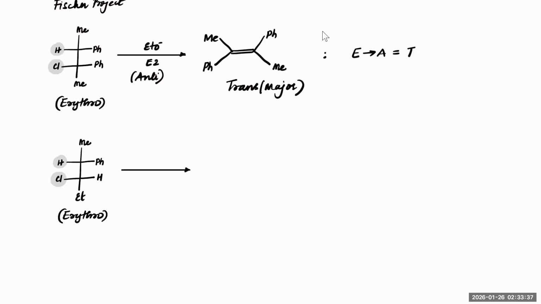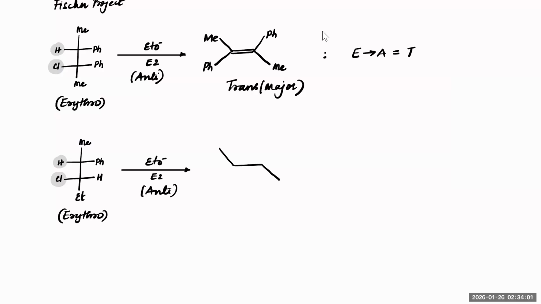So you need to understand this here. Suppose you have EtO minus and Et, and this is an anti-elimination. Everything is okay and you're supposed to get trans as a product. The trans is with respect to these two. Remember that. These two should be opposite. That's the logic you need to keep. So you need to check these two here first.